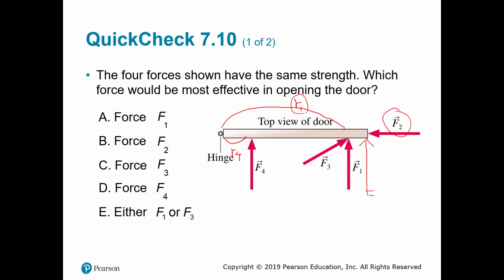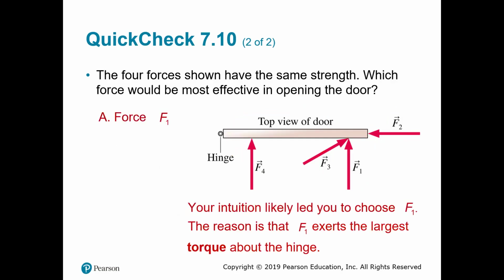How about F2? If you apply your force along this door, you won't open the door. And then F3, even though you can still open the door, this is not the most effective way to open the door, right? So the answer is A, right?